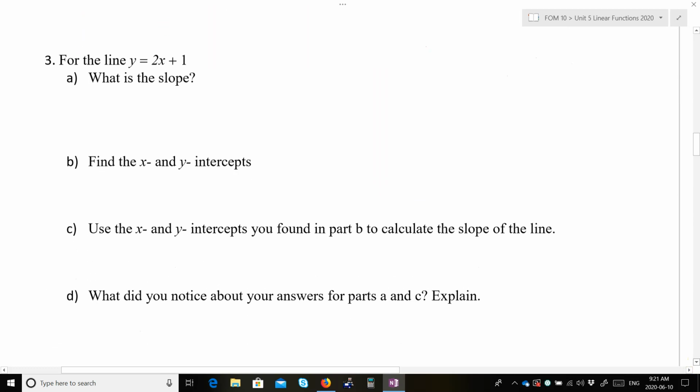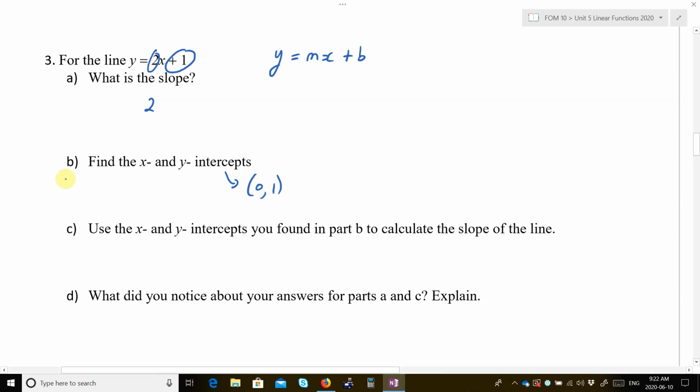Okay, number 3, for the line y equals 2x plus 1, what is the slope? Y equals mx plus b. When y is by itself, we have mx plus b. The slope is this guy. Find the x and y intercepts. The y-intercept is that, which is 1, or you could write it as (0, 1). To get the x-intercept, let y equal 0.